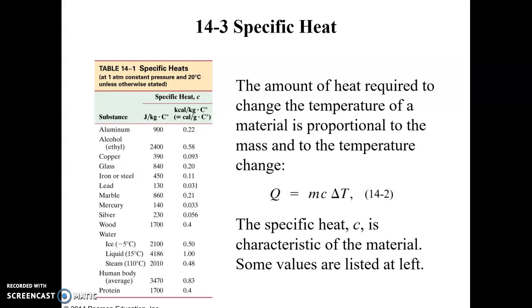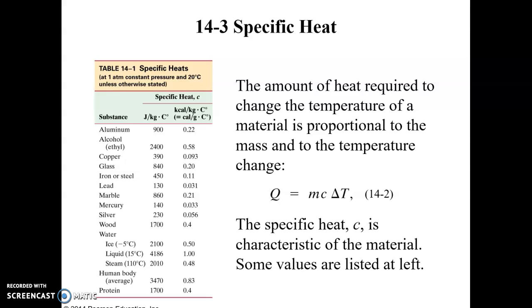Okay, so now we're going to introduce this concept of specific heat. And what specific heat is, it's the amount of heat energy required to change the temperature of a material by a certain amount. So in other words, some materials will heat up more easily than others.